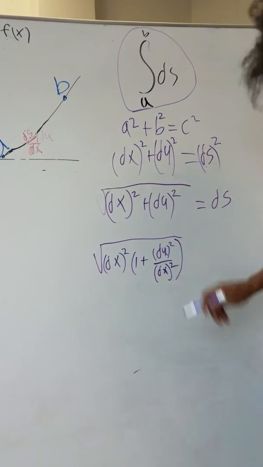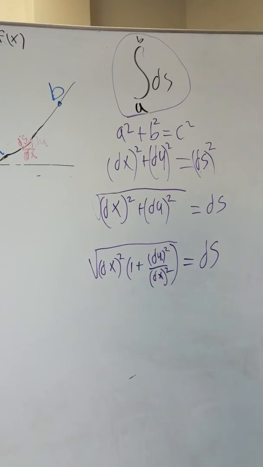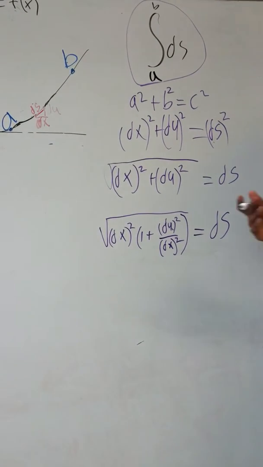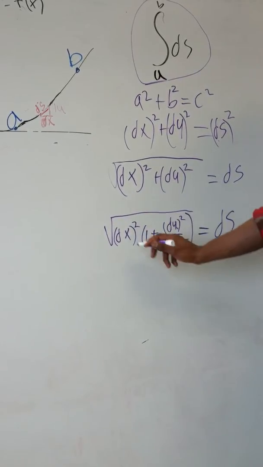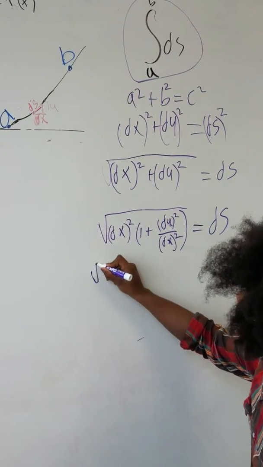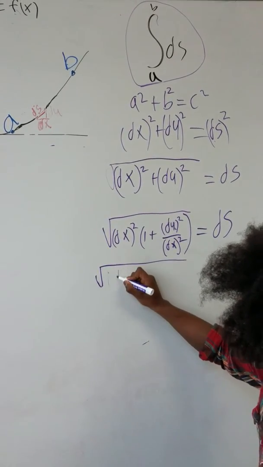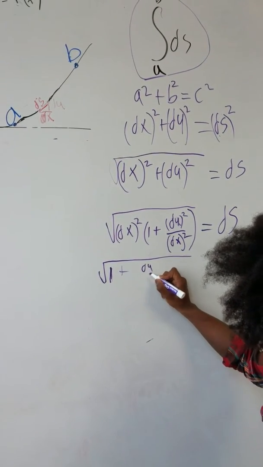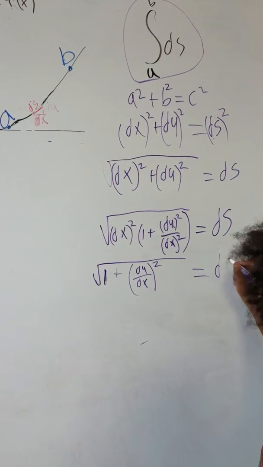Now this is very convenient because, let me just set this equal to ds as you guys know. So what I could do is get rid of this square here because it's under the square root, and I'm going to pull out the dx. So what we're left with is 1 plus, let me make that clear, 1 plus dy over dx squared is equal to ds.